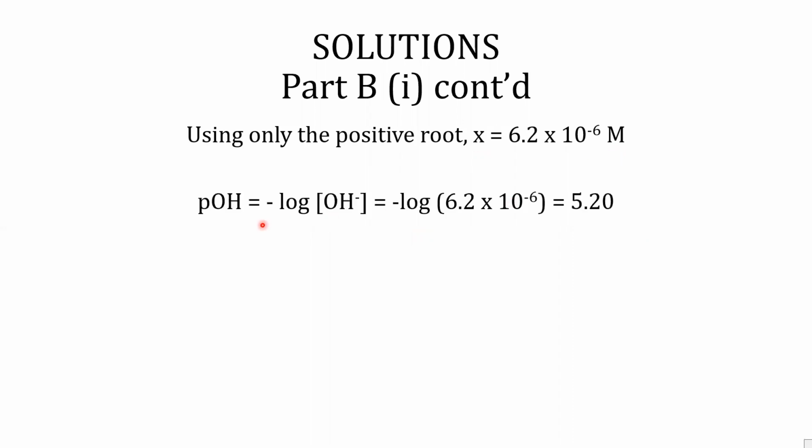The pOH of this solution is the negative log of 6.2 times 10 to the minus 6, which is 5.20. The pH of this solution equals 14 minus pOH, or 14 minus 5.20 equals 8.80.